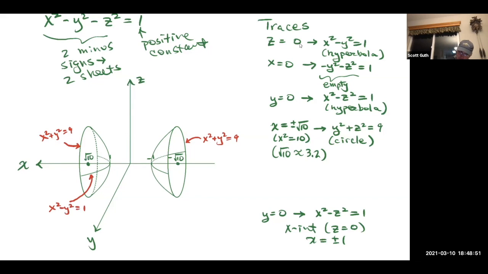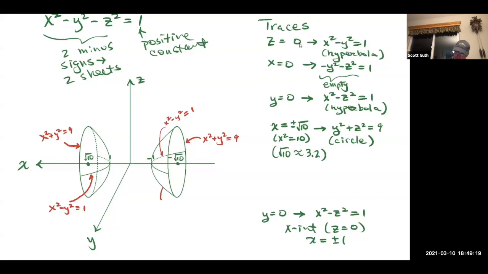Same as this hyperbola. I don't care to put too much on here. This one here is also x squared minus y squared equals 1, the same hyperbola. And then we have these big hyperbolas.